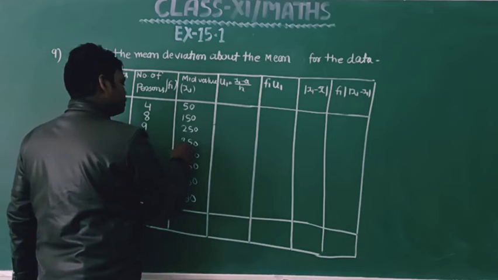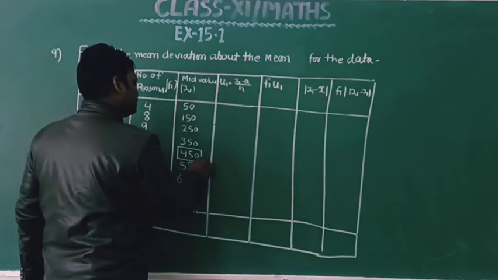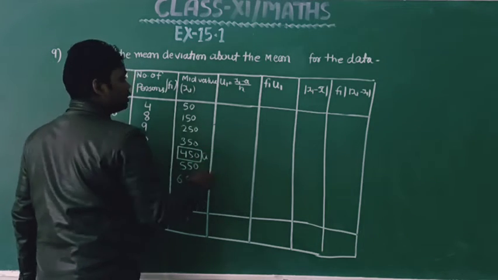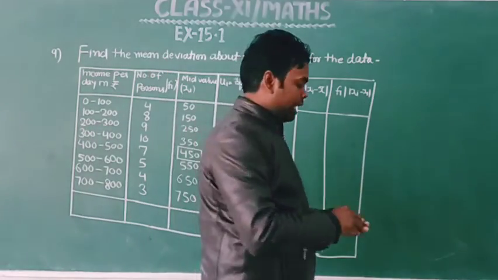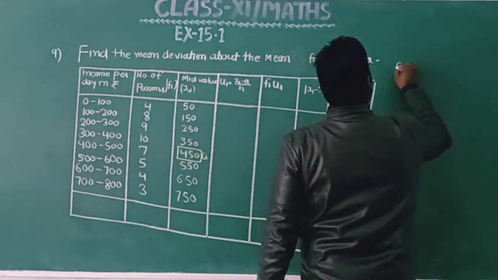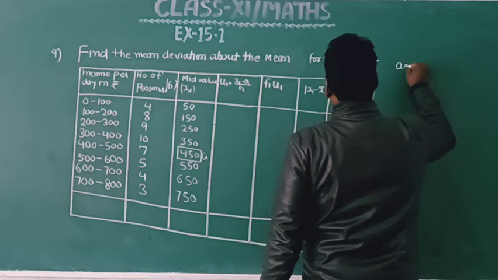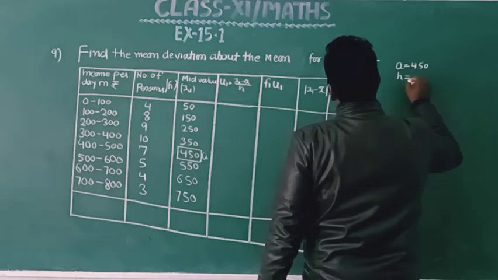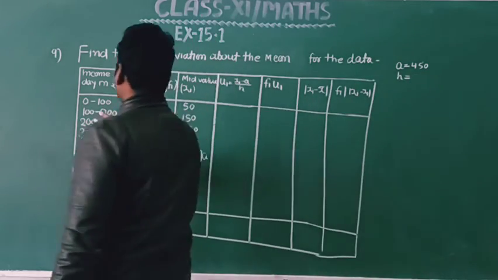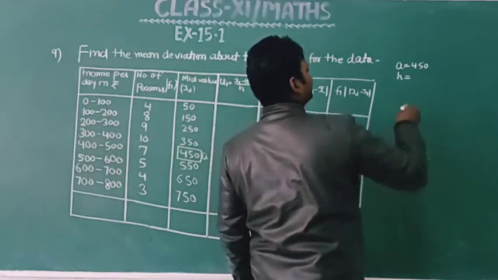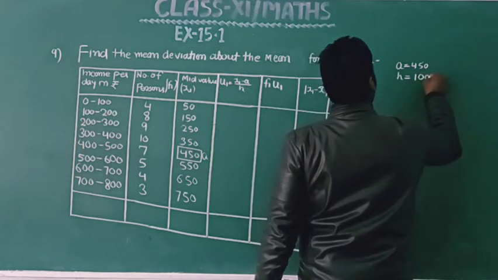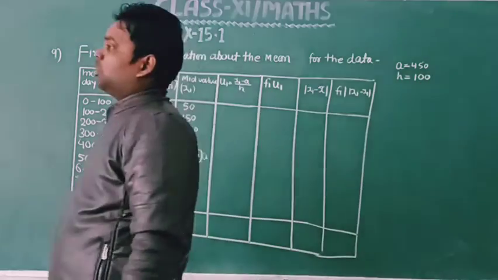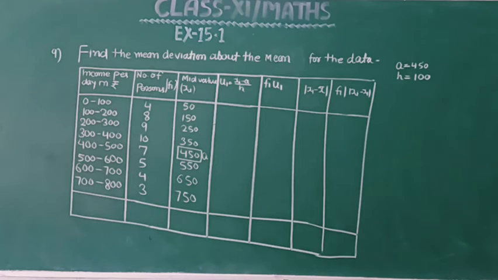So we assume 450; this is A. So write here A equals 450, and h equals the size of the class interval. The size of the class interval is 100. Now find each ui of the class interval.